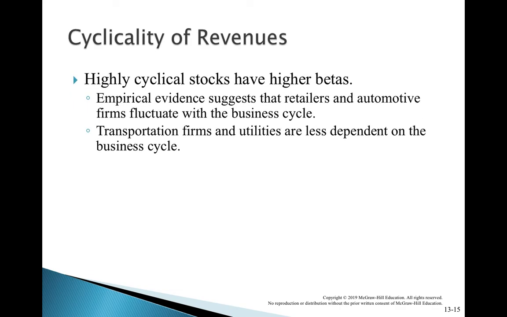Highly cyclical stocks have higher betas. Why? Because the revenue is not predictable, it is not constant. So, empirical evidence suggests that retailers and automotive firms fluctuate with the business cycle. Isn't it? Automotive firms, normally, if the economy is good, you might be thinking of buying a luxury car.